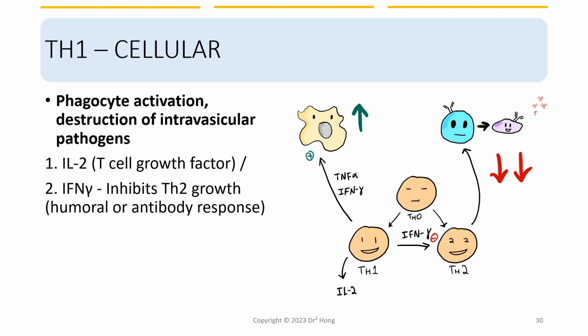How does it induce more activation of macrophages? It is through all these different cytokines that are released, namely TNF alpha, interferon gamma, as well as interleukin 2. Now, interleukin 2 has a role to further expand the populations of Th1, right?